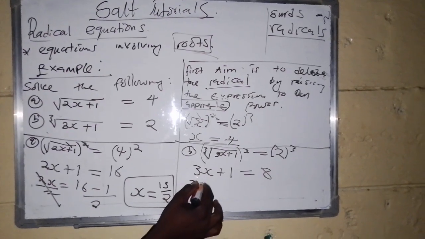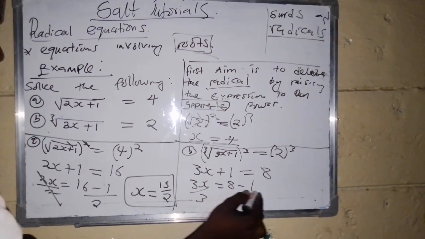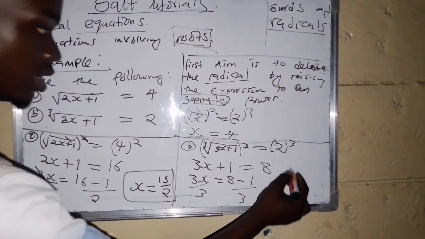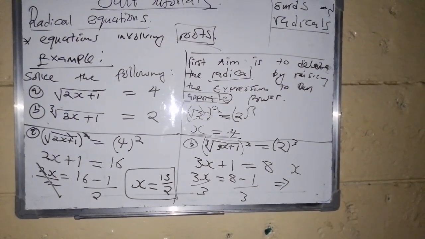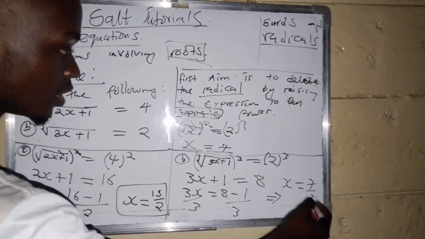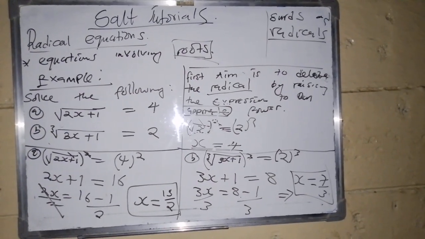By the end we have 3x is equal to 8 minus 1 over 3, over 3, and the variable x will now be equivalent to 7 over 3. So this is how I'll be able to handle radical equations.